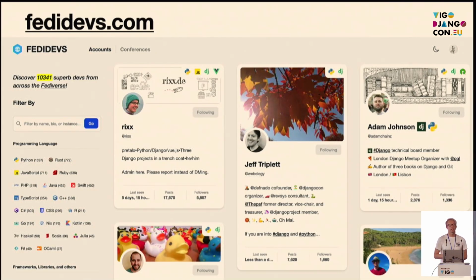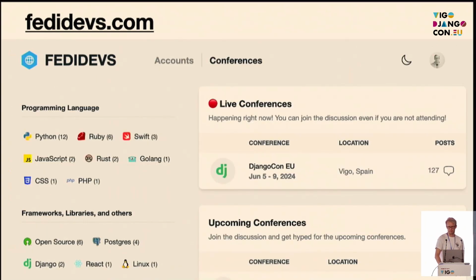So just quickly, the side project that I was working on is called fedidevs.com, and it's essentially an aggregate of different Mastodon accounts so that you can find people to follow that have similar interests as you do. So here we see a list of Django developers, and it makes it a little bit easier to find friends in the Fediverse.